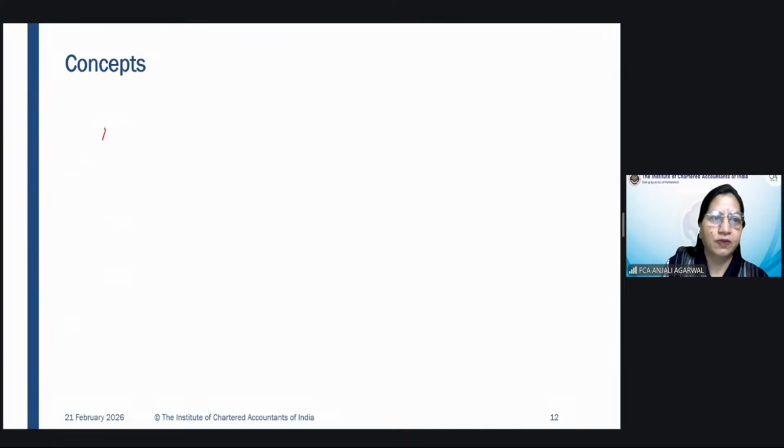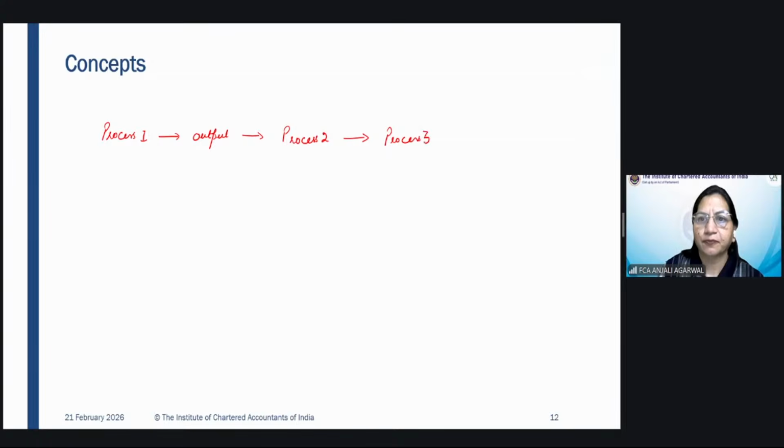The order of the processes remains the same. Whatever is the output of process 1 will move to process 2, and the output of process 2 will move to process 3, and so on.